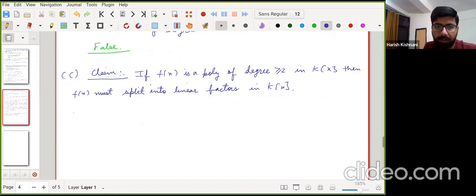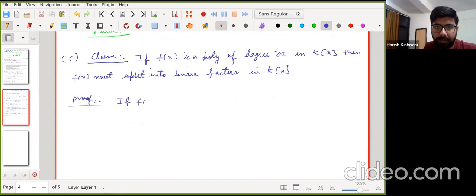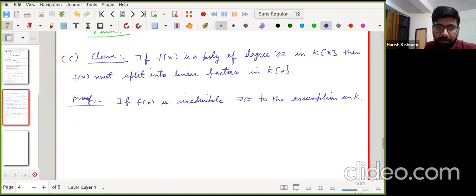The proof is very simple. If f(x) is irreducible, then it's a contradiction to the assumption on K. So f(x) must be reducible.